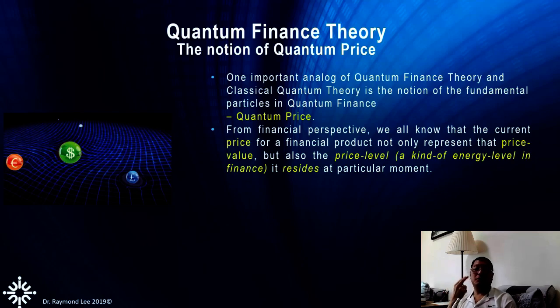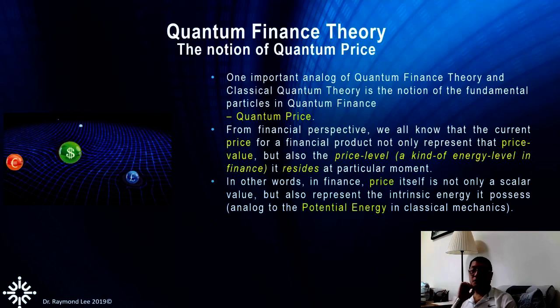So you have two meanings, right? It's the level and also the value of the level. In finance, it's easier to understand: if you believe in quantum finance theory, every second the price you see is situated in a stable state at a quantized price level. So the price itself is, of course, the value, and also the energy level in the stable state.